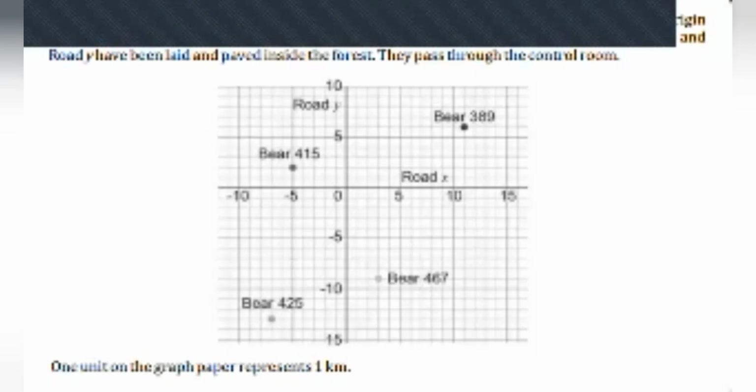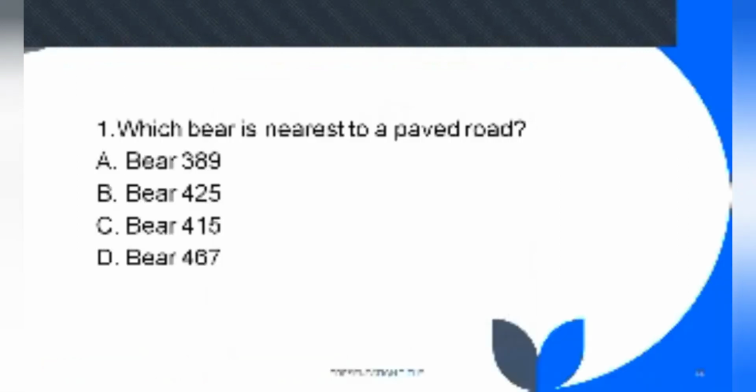Here, coordinate geometry remains in the notebook and the textbook itself for the child, because theoretically the child is learning drawing coordinates and coordinate points on the graph paper. How can we link this to a real life situation, such as which place is nearest to a paved road?